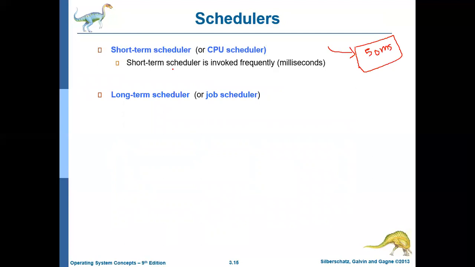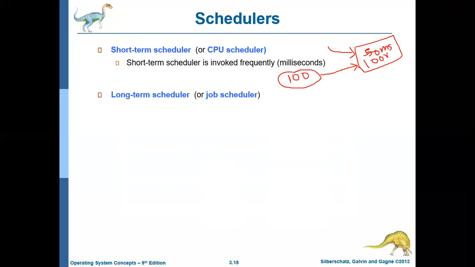So this scheduler should be designed in such a way that it is able to operate at a high speed. Say, for example, the processor will execute a process for 100 milliseconds before each context switch.